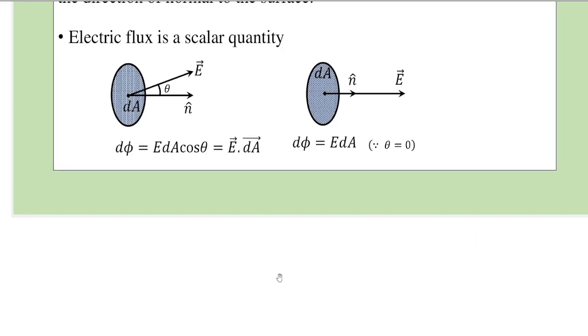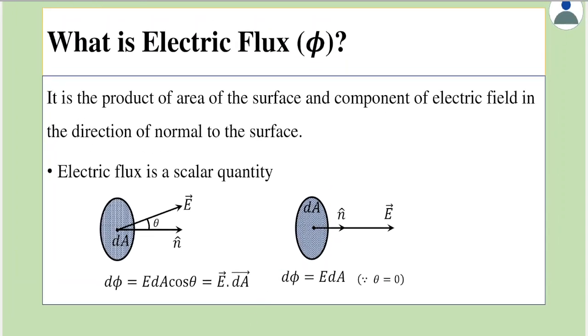Mathematically, it is defined as the product of the area of the surface and the component of the electric field in the direction of the normal to the surface. Now I'll repeat once more. It is the product of the area of the surface and the component of the electric field in the direction of the normal to the surface.